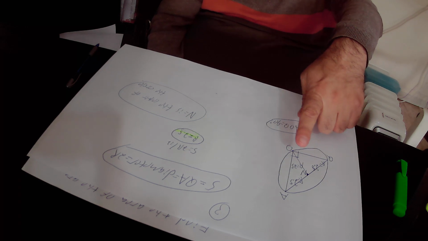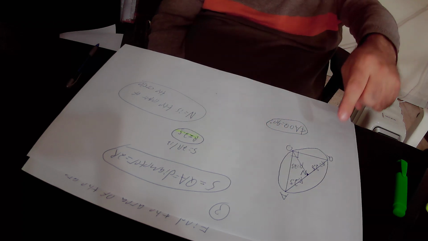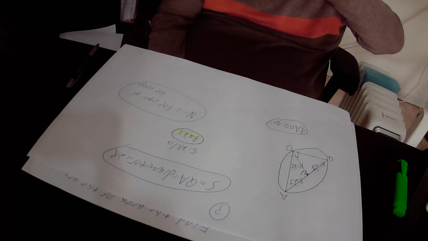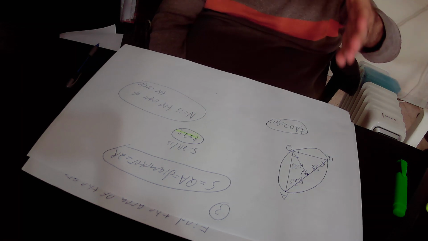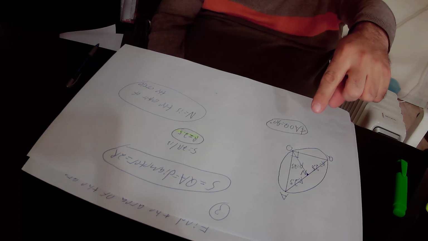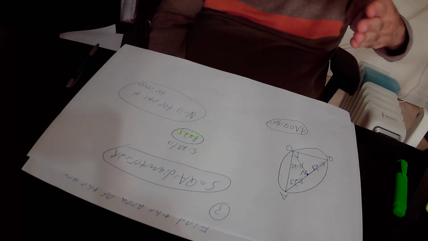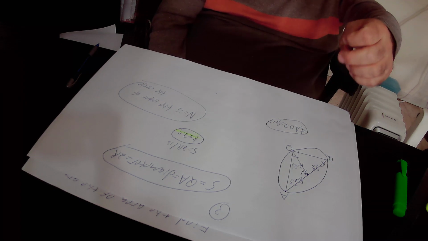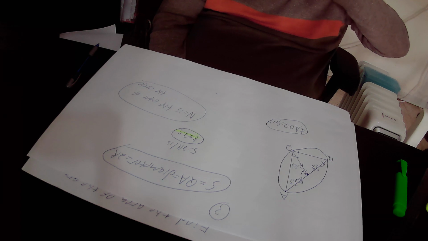NA equals 2.5 units, and the radius also equals 2.5 units. Therefore, NA must also be a radius of the circle. And the touching point of the two radii, both located on the diameter of the circle, must be the center of the circle.